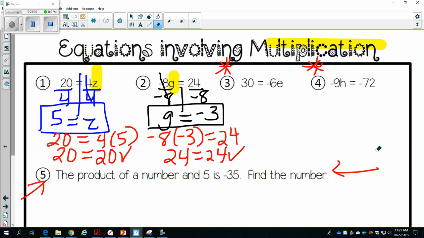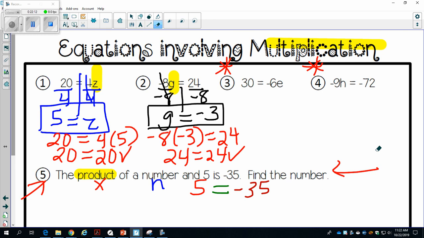All right, so the product of a number, we know that product means multiply. So although we don't always need a multiplication sign, I'm going to put it here. That means multiply. What are we multiplying? We are multiplying a number that we don't know, and we're multiplying that by 5. It says the product of a number and 5 is, and we know that solution to be -35.